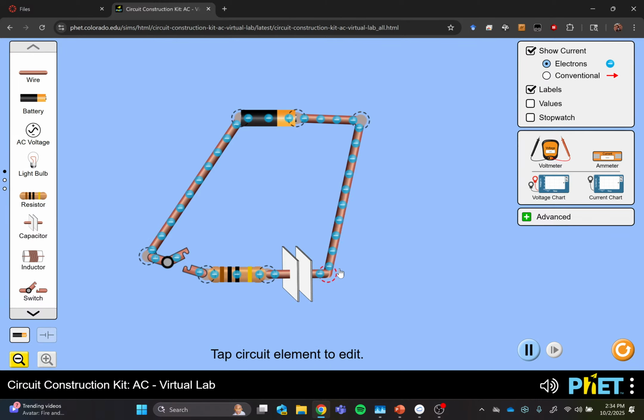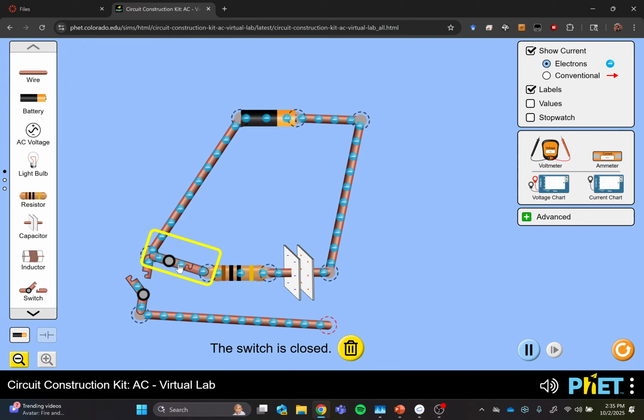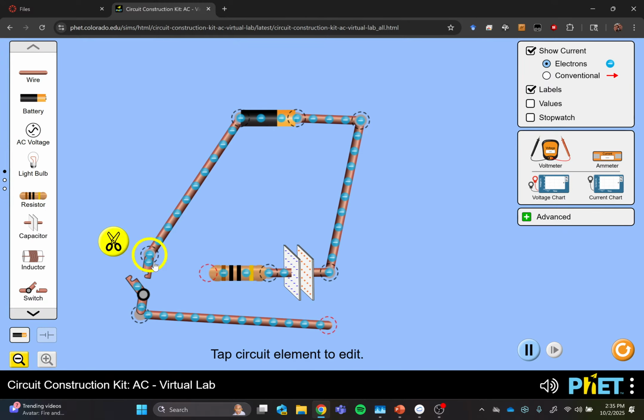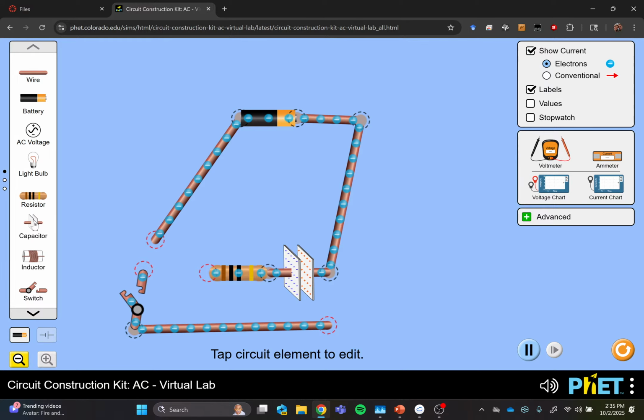Wire. Great. Boom, there's that. I'm going to get another switch. Great. And this is going to be my discharging. This needs to be moved. Don't worry, all this effort's worth it. Trust me, if I try to draw this, it's just not going to be as pretty.